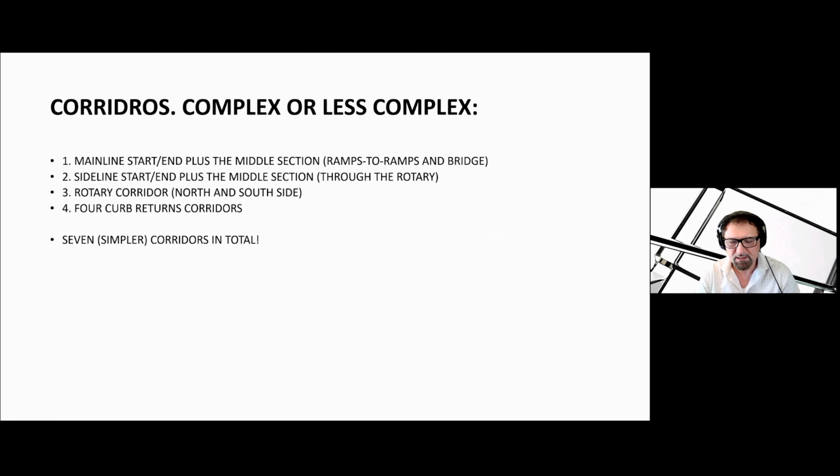How complex corridors can be created with multiple baselines. Basically, we have 8 controlling baselines, because I have 2 for the rotary, and 4 for the curb returns or on and off ramps, and then 2 for the intersecting highways.